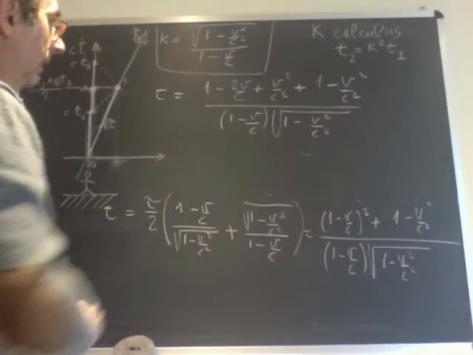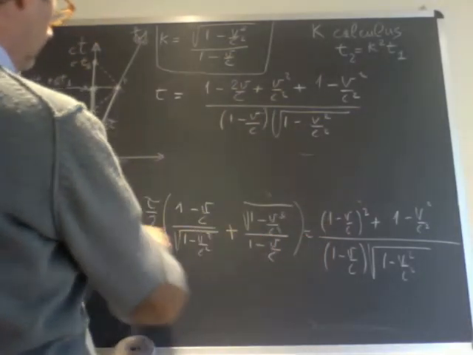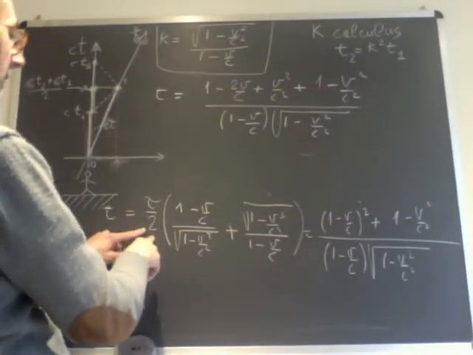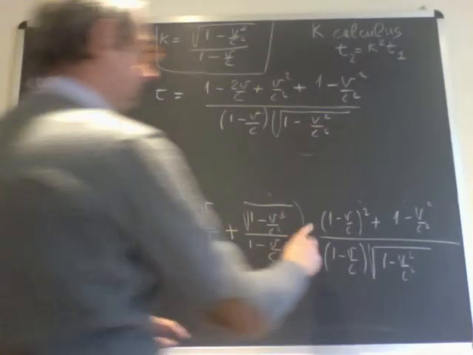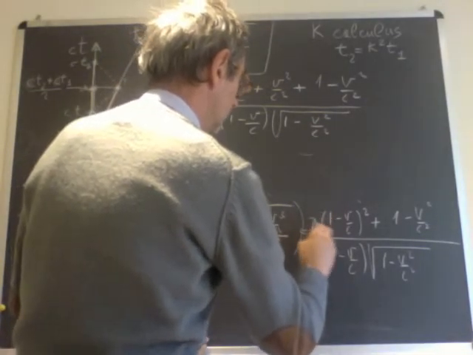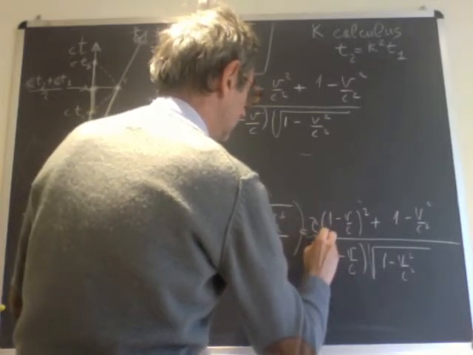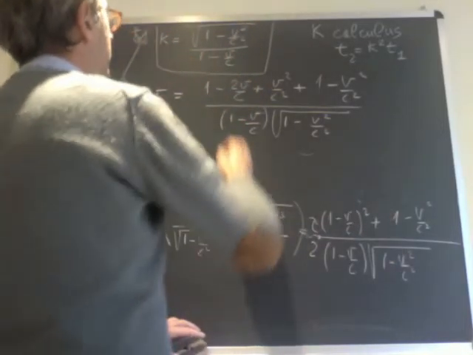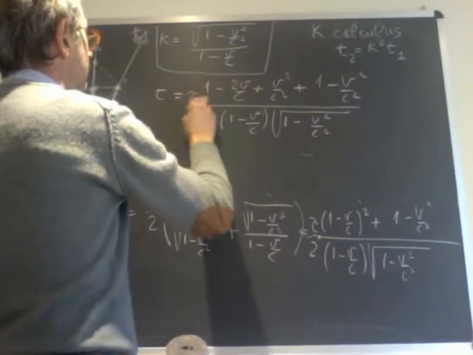Well, there was a tau over 2 multiplying everything. I forgot, so it is like this.